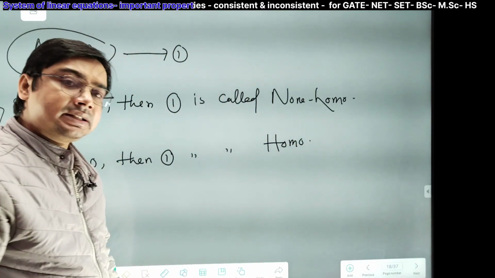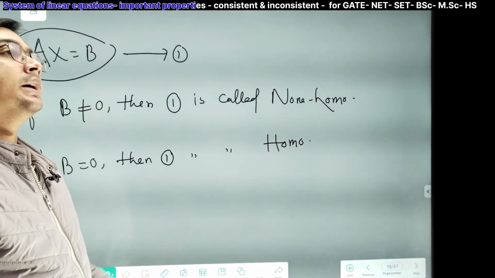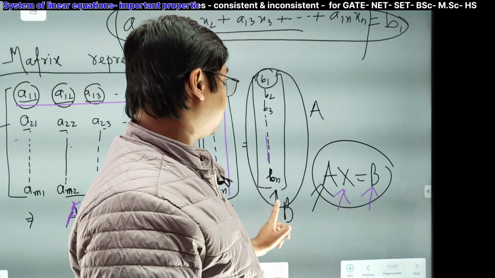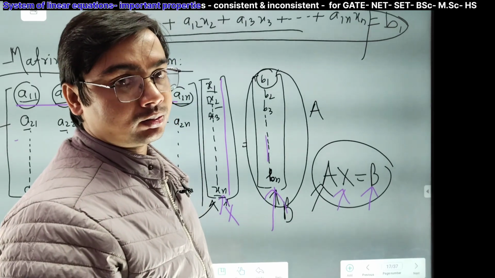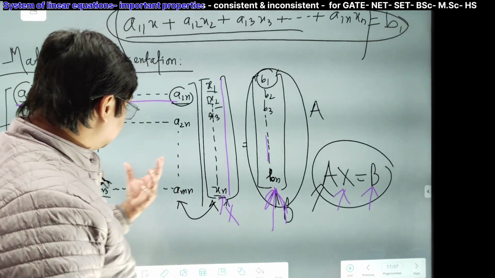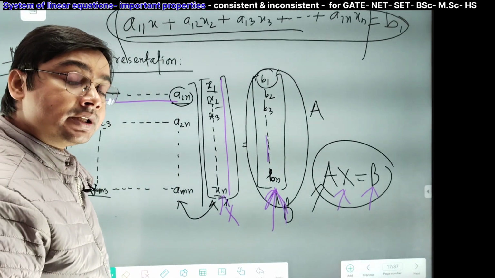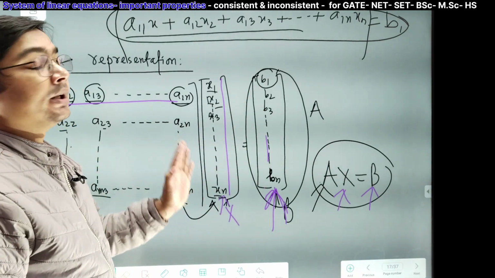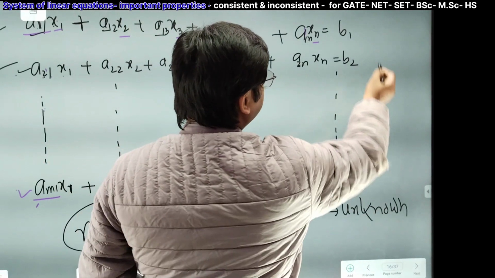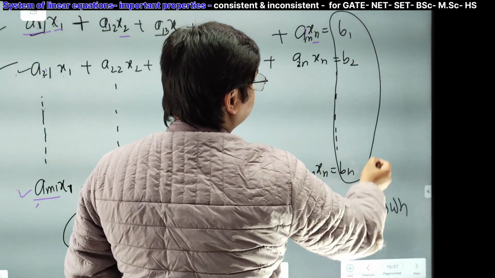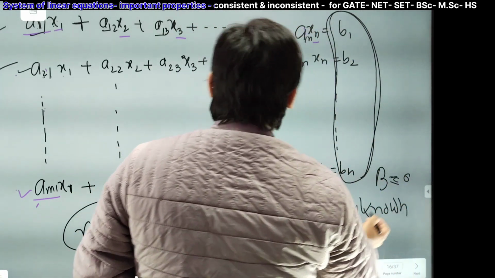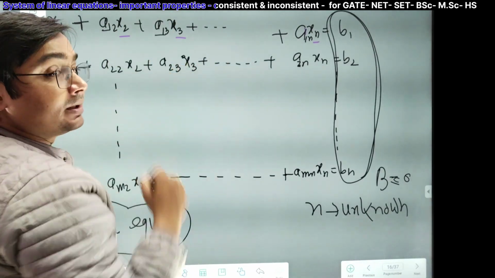Now since this is a system of linear equations, if this B matrix is non-zero, guys, remember, then the system is called non-homogeneous. If B is 0, then we call the system homogeneous. That means if all the bi's are 0, then B is the zero matrix, and we call the system homogeneous.